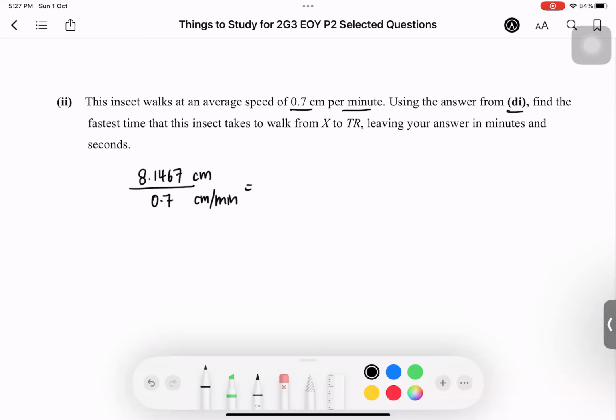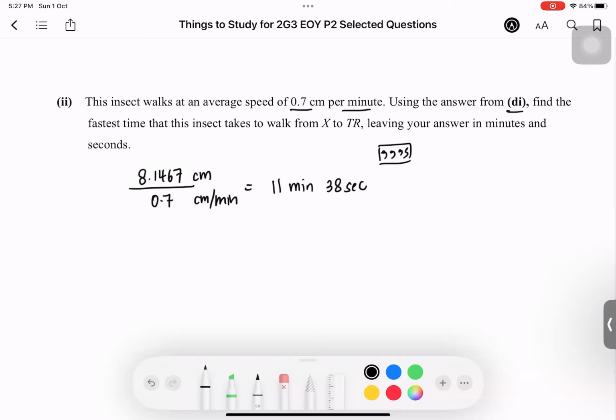So 8.1467 divided by 0.7, and if I press it in terms of that, it will give me 11 minutes 38 seconds. You press equal, then press this button over here and it helps you convert it into minutes and seconds.